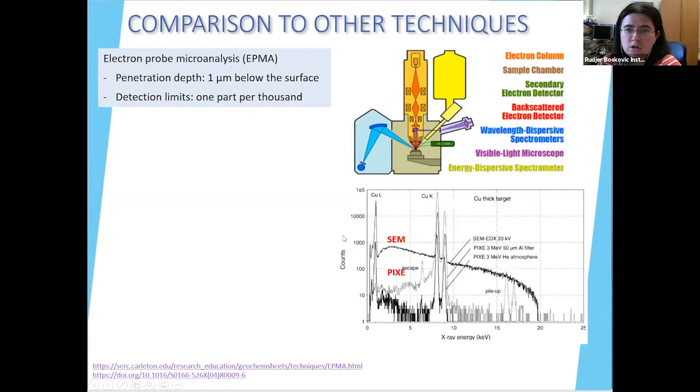And also the problem they face in electron microscopes is very high background. So your signal will be situated on a much higher background compared to PIXE. Very basically, in this region in PIXE you don't have background at all. So detection limits in the case of electron microprobes are 1 part per 1,000.